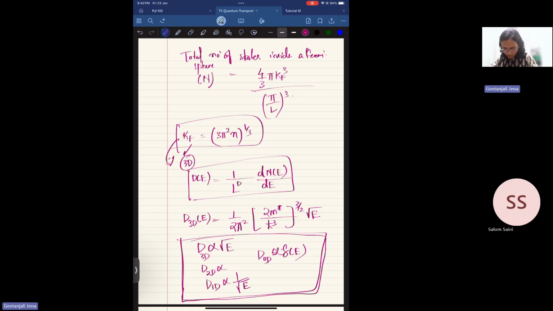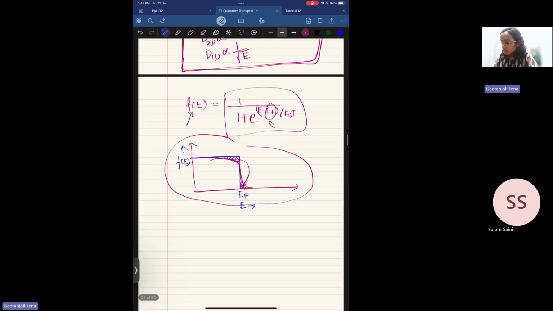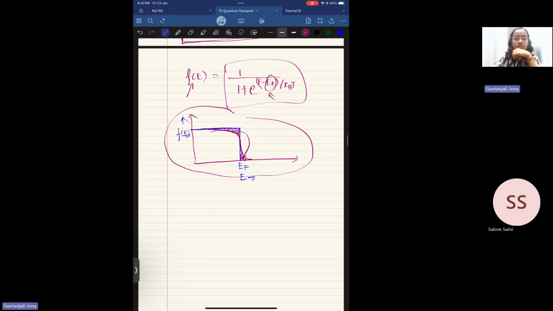We'll try to wrap up the concept in 10 minutes, then we'll try to solve the problems. So we are looking at the Fermi Dirac statistics. We have seen that for temperature 0 K, all the levels up to the Fermi energy have probability 1.